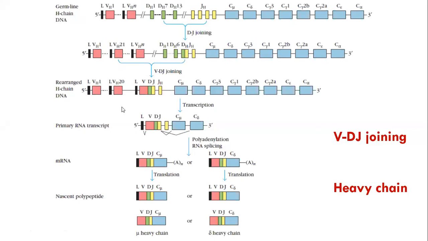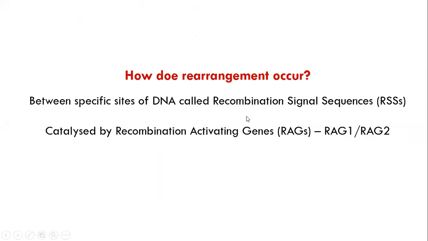For example, a V will join with a DJ, and then we join with the DJ. At the fundamental level, we're looking at rearrangement or recombination of DNA sequences. A recombination event between two DNA sequences happens when there are specific homologous regions called recognition sequences, or recombination signal sequences.